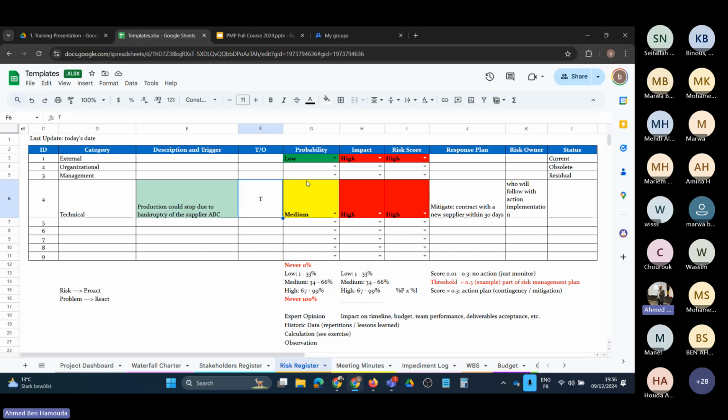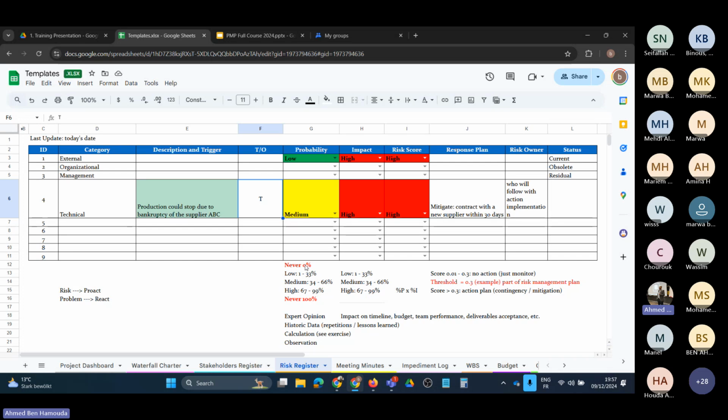So first of all, we need to understand that the probability is never 0% and is never 100%. Never 0% because if it's 0%, it's not a risk anymore. And probability is not 100% because then we're not talking about risk anymore.